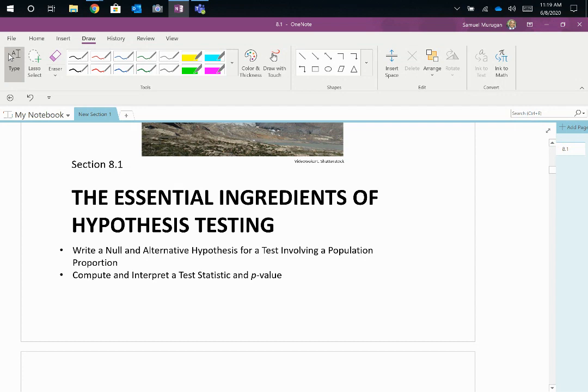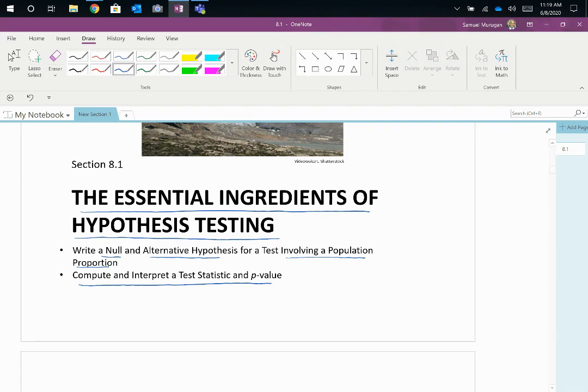The essential ingredient of hypothesis testing is to write a null and alternative hypothesis for a test involving a population proportion, and then how to compute and interpret a statistic and p-value. Okay, those are our two objectives.